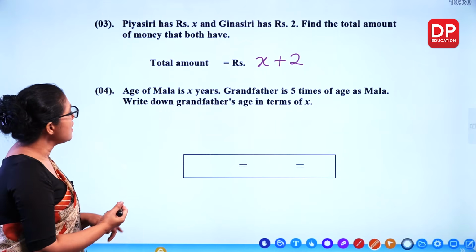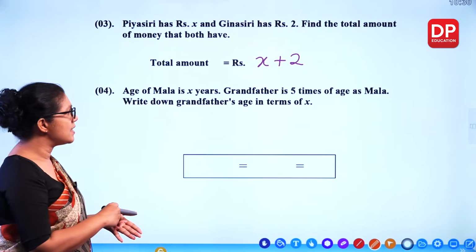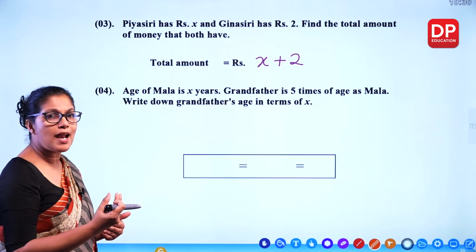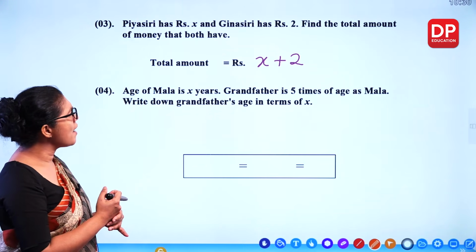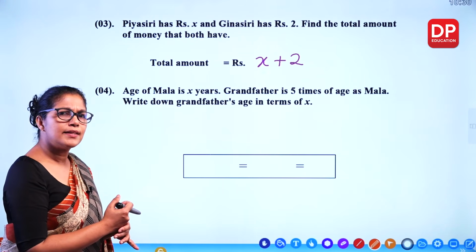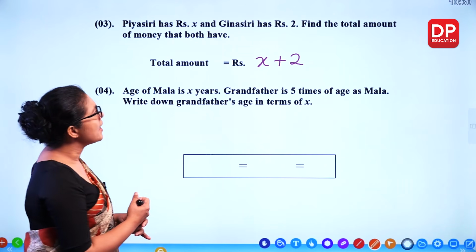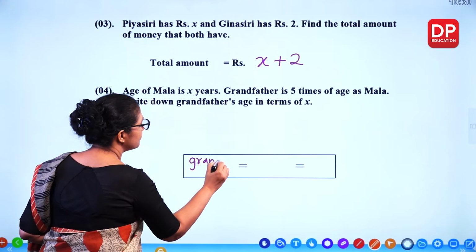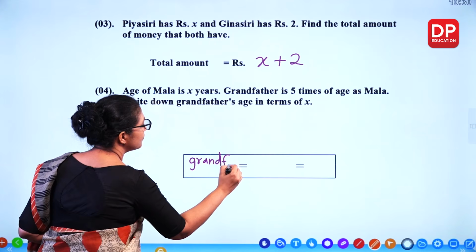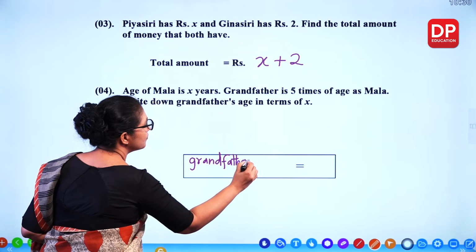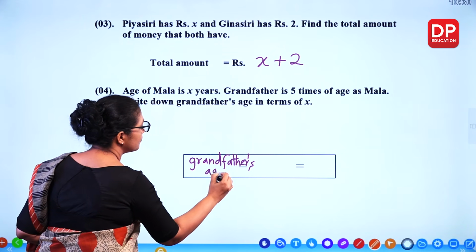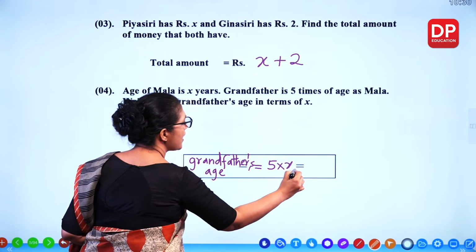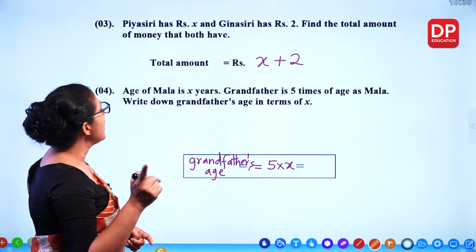Look at this question. The age of Mala is x years. Grandfather is 5 times the age of Mala. Write down grandfather's age in terms of x. So how can we write it down? Grandfather's age is equal to 5 times x, because x is the age of Mala.